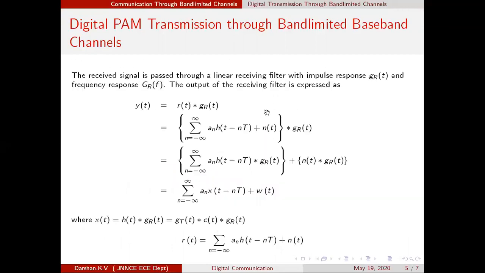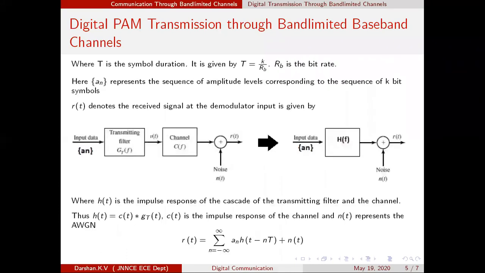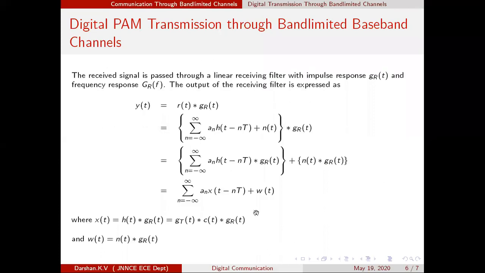So that has been written over here. y of t, the filter output, which filter? The filter at the receiver, is equal to r of t star g_R of t. Now r of t, we have just previously written the expression for r of t. The same thing would be written over here and simplification would be done.